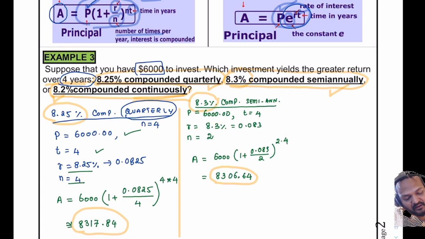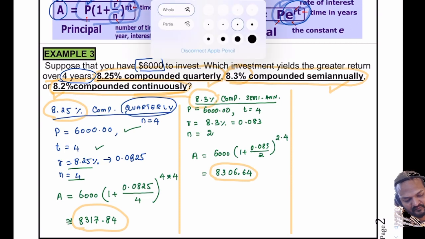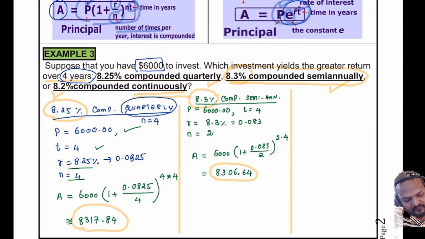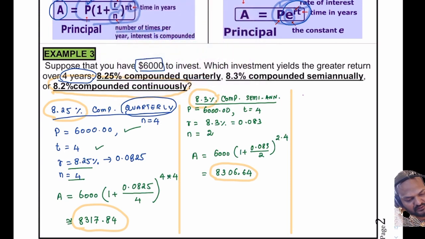Let's take a look at compounding continuously. So what would that be? If you look at part C, now we're looking at this particular part, right? 8.2 percent. It's a lower rate but compounded continuously.